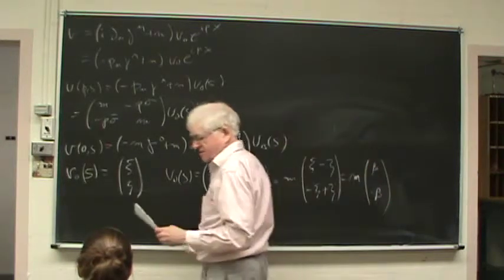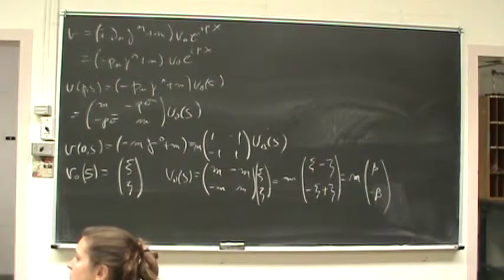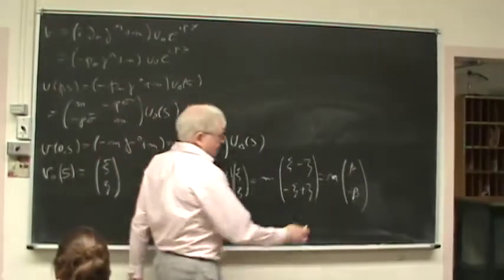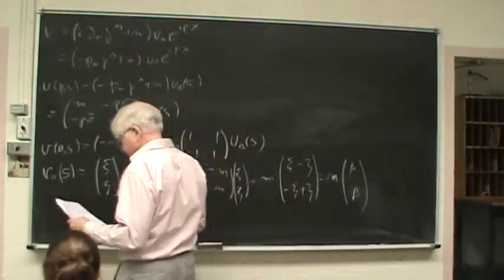So the point is that for the antiparticles, we don't have the pattern alpha, alpha. Instead, we have the pattern beta, minus beta.